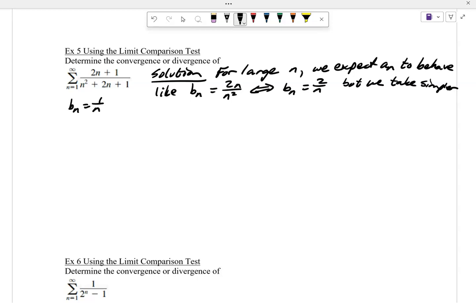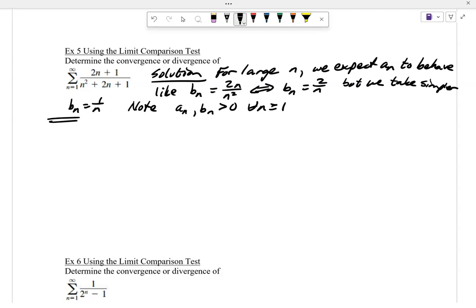It really doesn't matter. But note that both of them are positive, right? I got positive terms on these. Again, with the comparison test, you have to have positive terms for all n greater than 1. So it does meet our criteria.